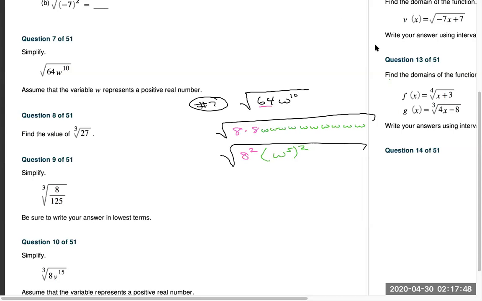Now formally, you would split the radicals, and then you would get 8 for the first bit, and w to the 5th for the second bit.